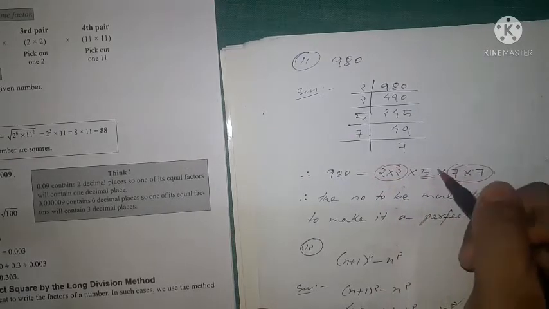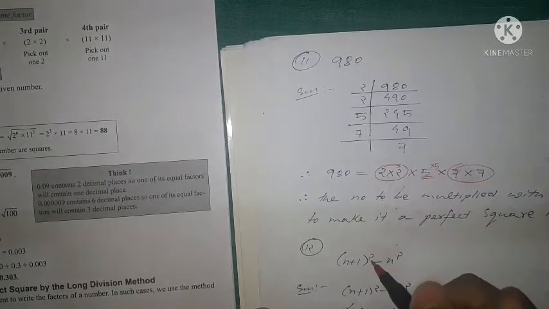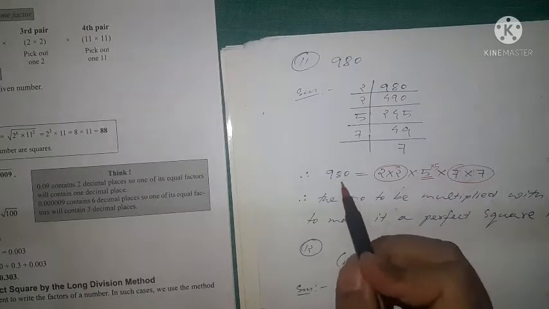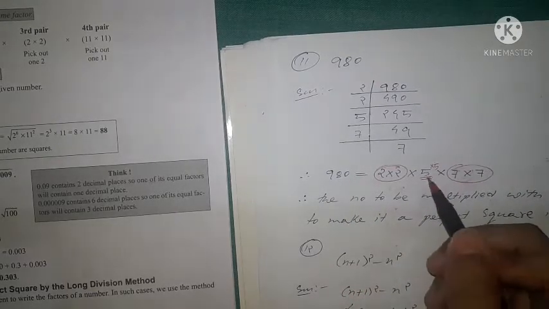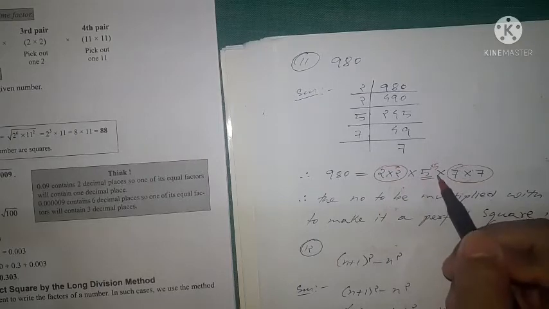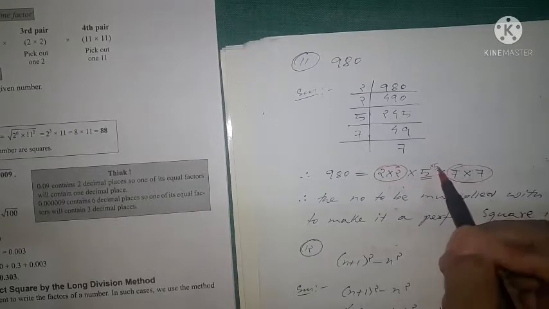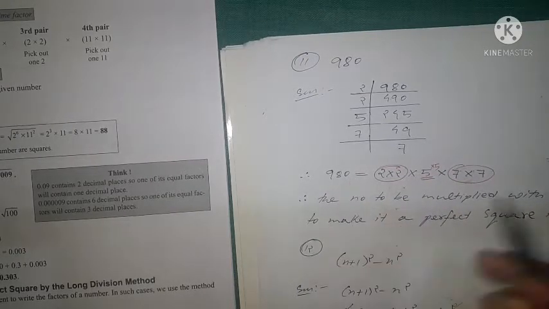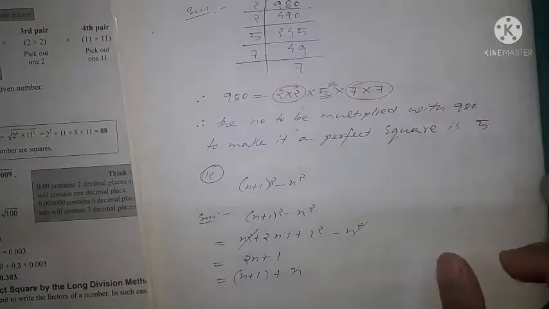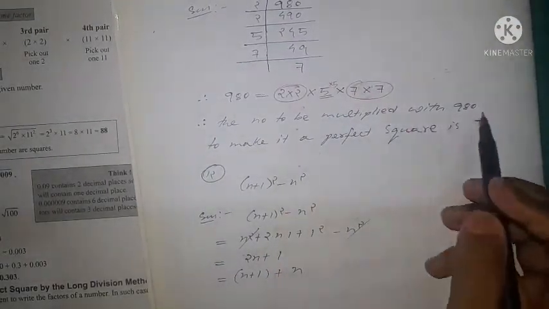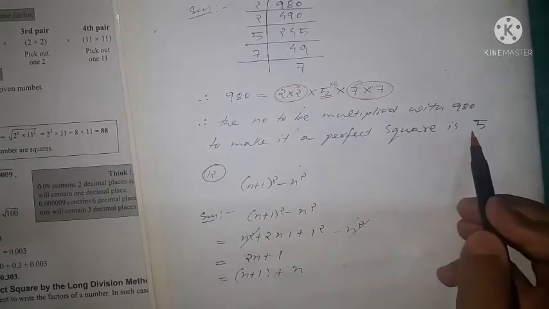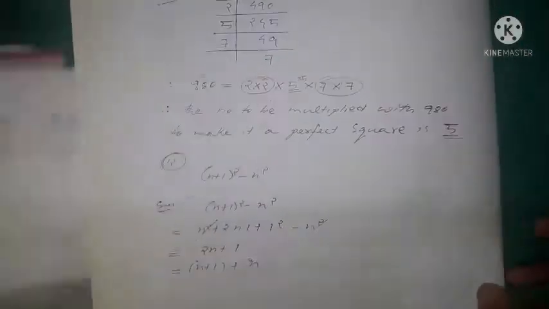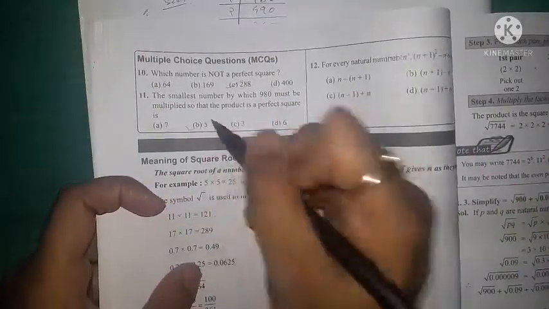So therefore we need to multiply by 5, to make it a pair, and then 980 will become a perfect square. So the number to be multiplied with 980 to make it a perfect square is 5. So the answer is 5, which is given in option B.